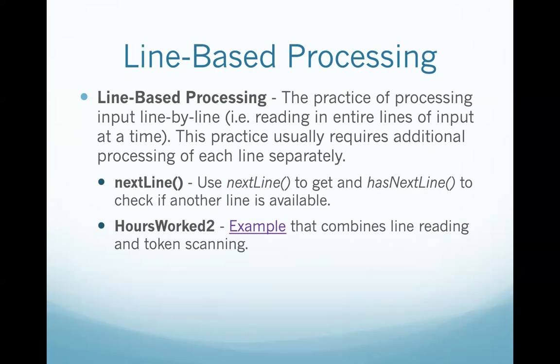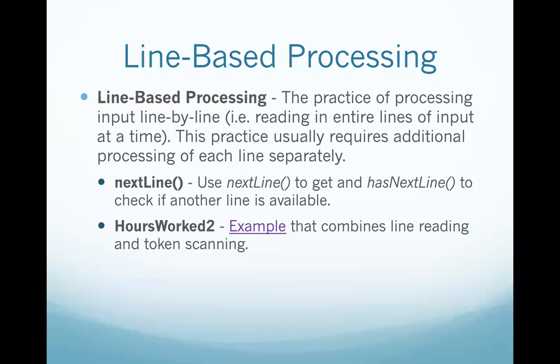More often than not, though, you will have files that are structured. Every line will have a specific format. Every line will have that same format, and then your program will do what's called line-based processing. It will read your file a line at a time, and then for each line, will process that line because it knows each line has the same format, and it knows which types of tokens to find in each line and in what order.